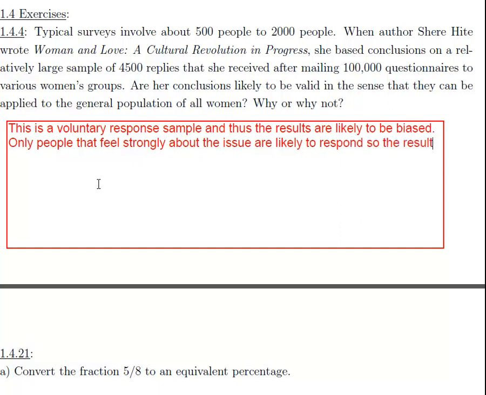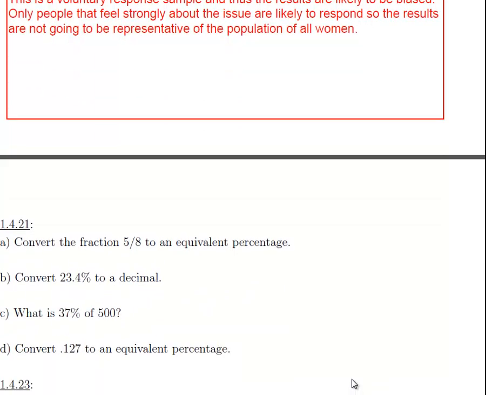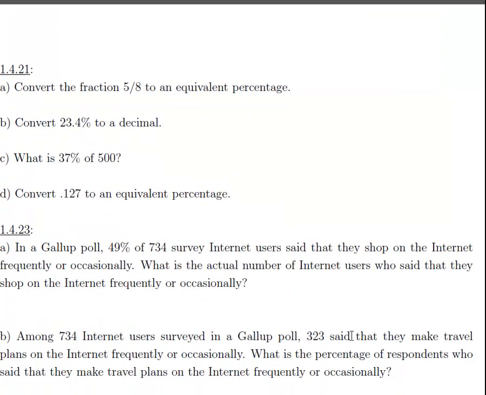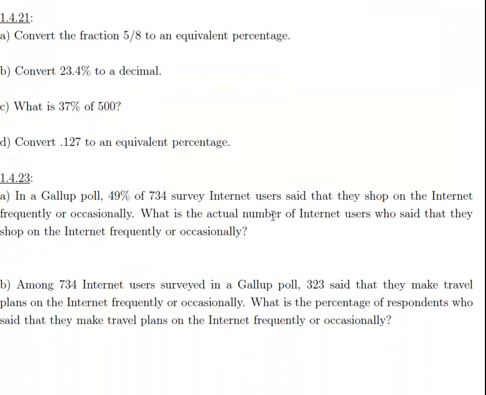So the results are not going to be representative of the larger population of all women. Okay, so that's typical of a voluntary response. Usually the results aren't believable because you can't apply them to the general population. They don't represent the general population.